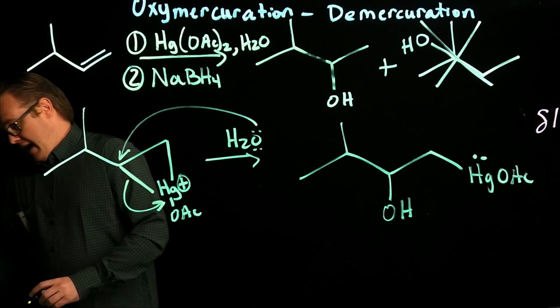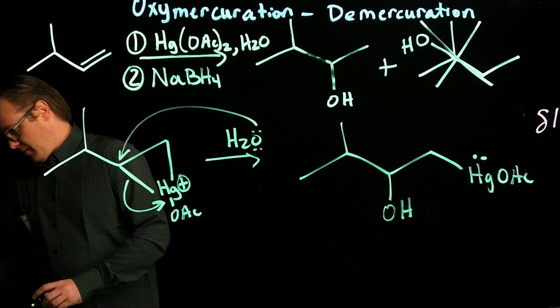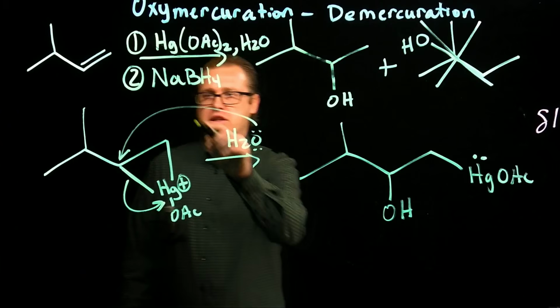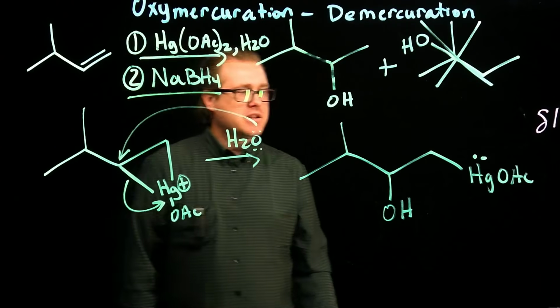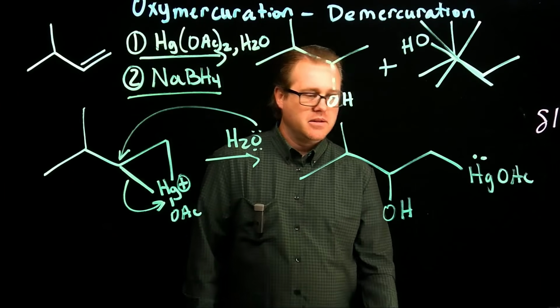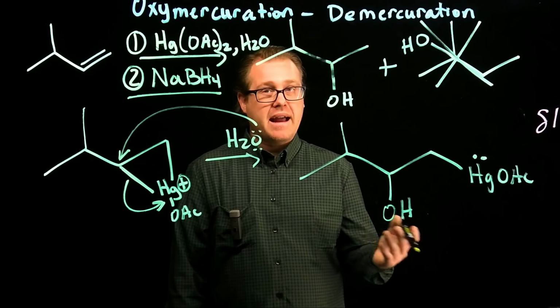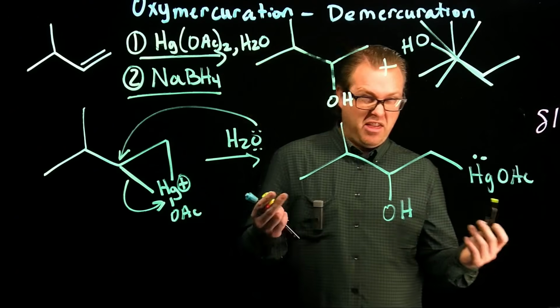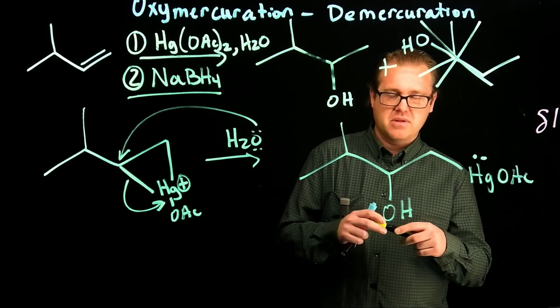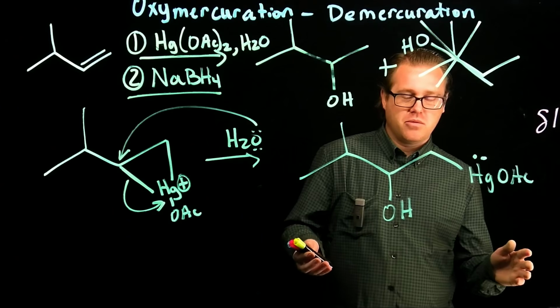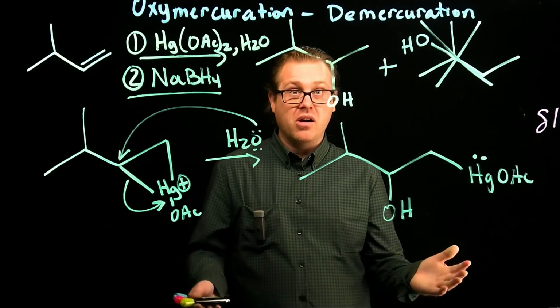Now the next reaction, I want to double check one thing here. In the next reaction, or reaction 2, is sodium borohydride. Now the mechanism for that is a radical mechanism, so what we think. It's still not 100% sure, but we know what the end result is.